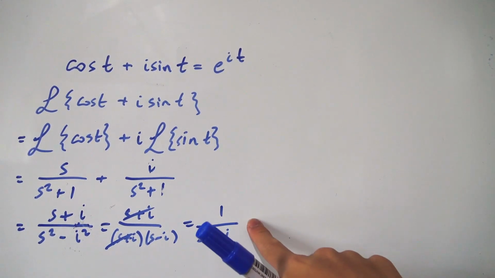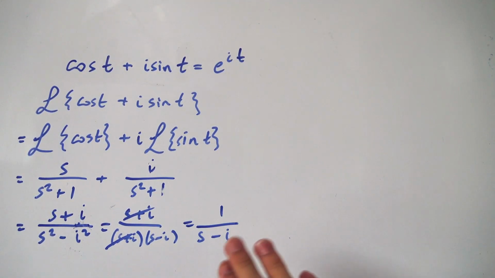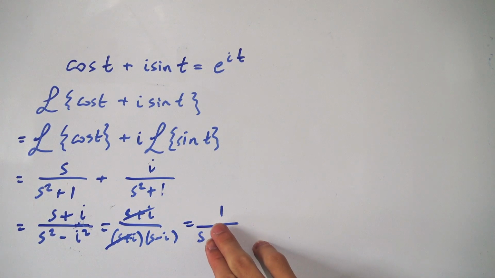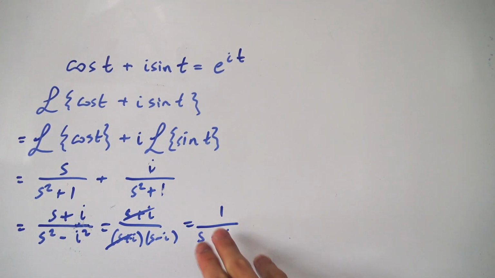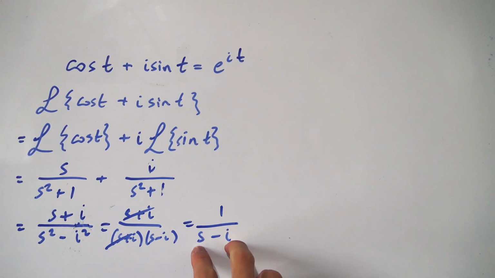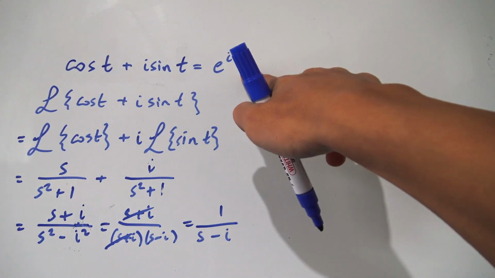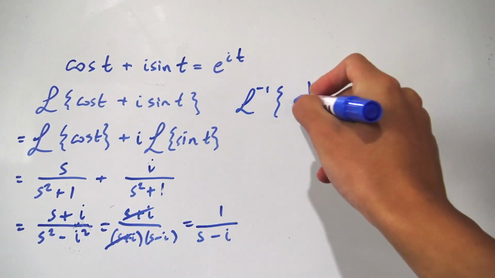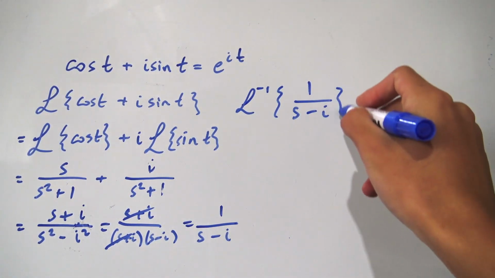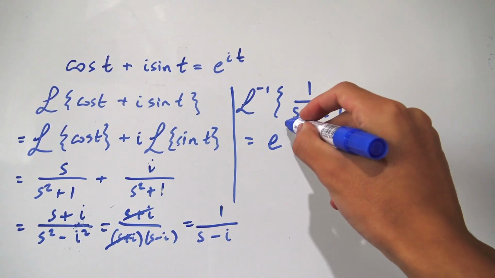And now we can actually take the inverse Laplace transform of this to get back to our t domain. But if you have a look right here, notice that if we cover up this negative i right here, the inverse Laplace transform of 1 over s is exactly 1. But because our s is being shifted by i, we actually have an exponential shift in our t domain. So taking the inverse Laplace transform of 1 over s minus i would result in an exponential of something times t.